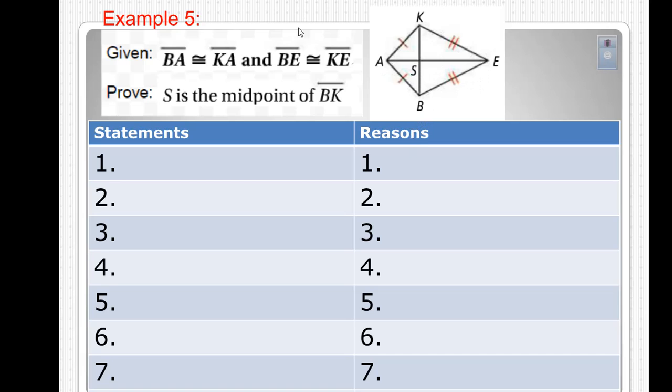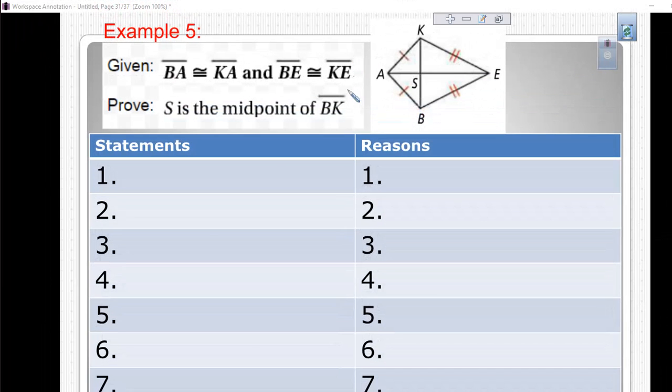So let's start with first proving one of our triangles congruent. We're going to try to prove the top AKE is congruent to ABE, this top triangle and bottom triangle. So let's start writing our given statements. BA is congruent to KA, and BE is congruent to KE.